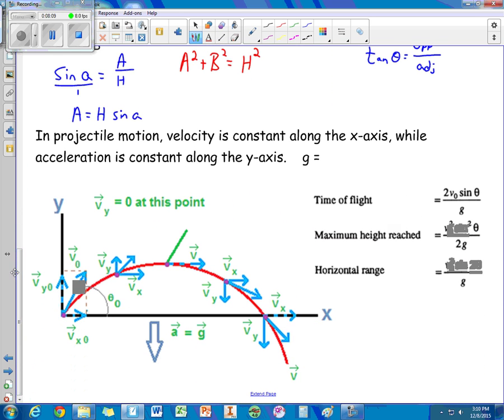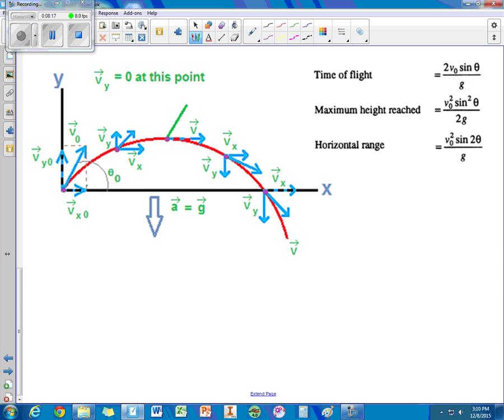All right, so in projectile motion, velocity along the x-axis is constant. So for this v naught x here, it stays constant. That means that on the x-axis, the acceleration is 0.